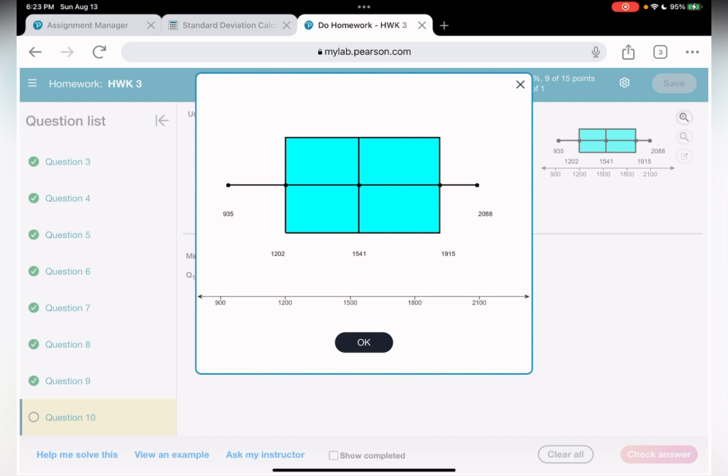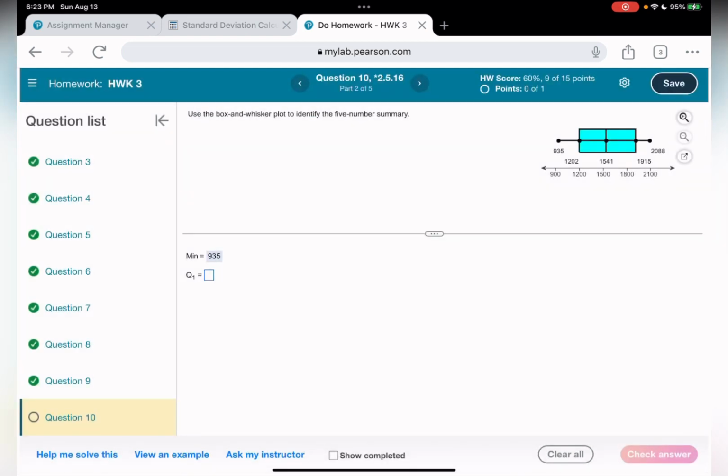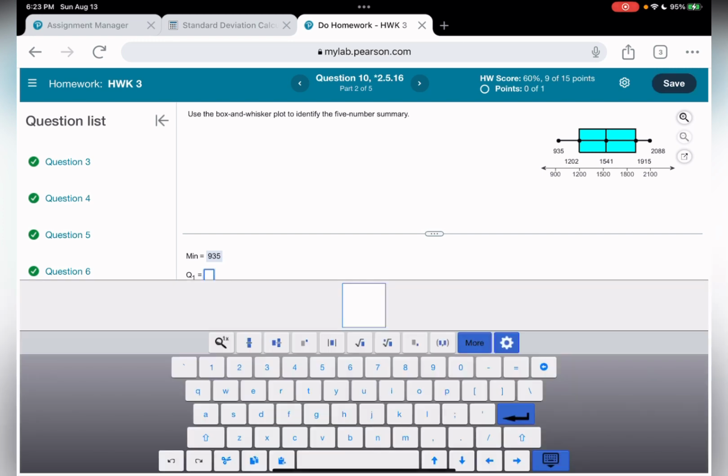And then the second quartile, which we also call the median, is 1541. And the third quartile is 1915. Okay? So let's place them. 1202, that's the first quartile.